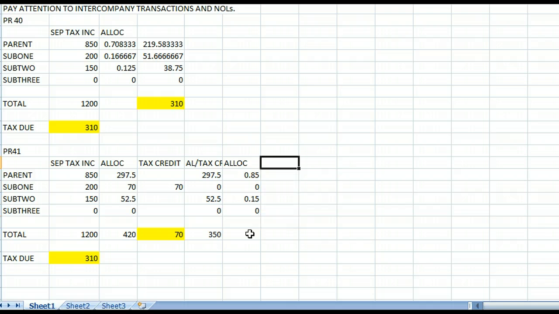Then what we're going to come up with is our allocated tax due. Now this allocated tax due will be done just kind of like what we did up here in problem 40, where we're looking at the $310. So now we're going to take this allocation ratio and multiply it times $310, which is the actual amount of tax that is due. So we're going to do that for this. First, for sub 1, times the total tax due.